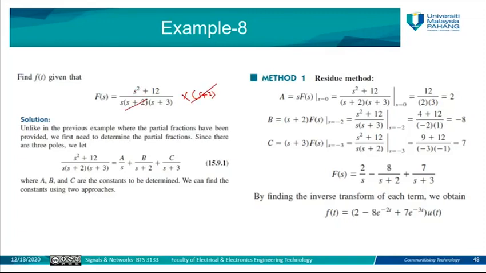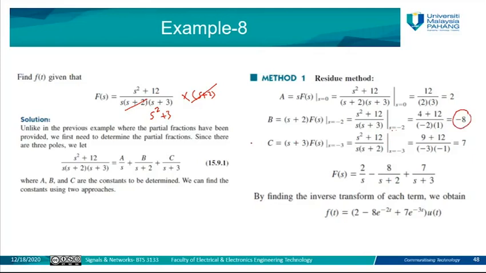The rest here, you have 12 over s times (s plus 3), and s squared plus 12 in the numerator. You substitute for s equal to negative 2. When you substitute s equal to negative 2, you are going to find B is equal to negative 8.